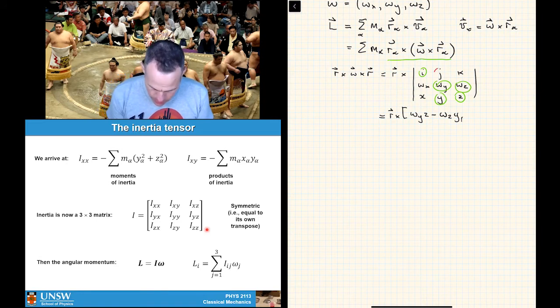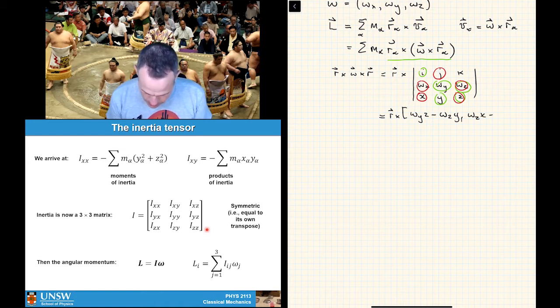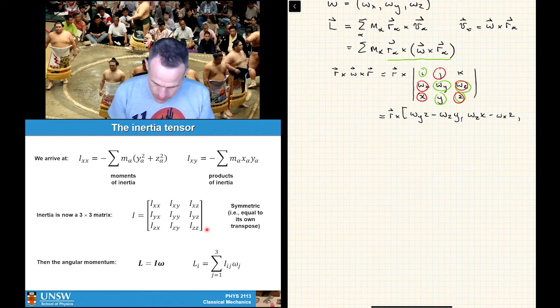Then the middle one, you do the opposite direction instead. So it's this times this minus this times this. So it's going to be omega z x minus omega x z, comma. And then the last one we do, as usual, it's first times this way and then the opposite in the diagonal, right?